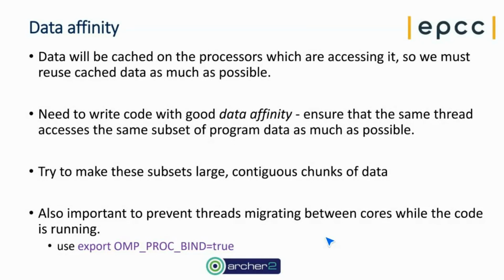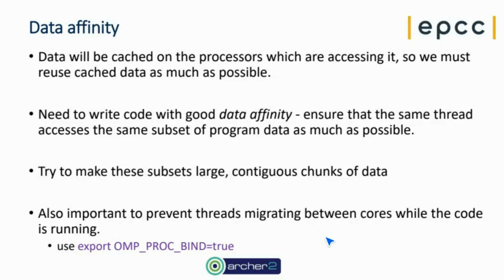It's also another important consideration to prevent threads migrating between cores while the code is running. Because if the operating system decides to move a thread from one core to another, that means all the data that thread had recently accessed is now in the wrong cache.